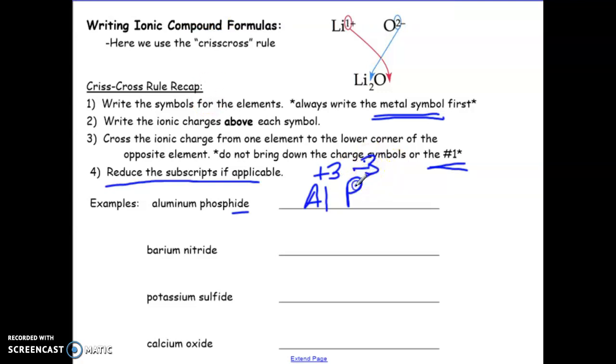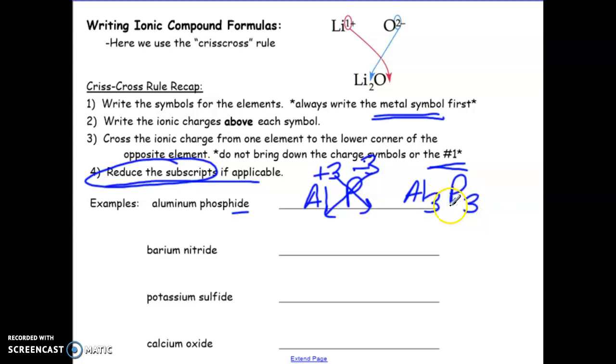Crisscrossing this will essentially bring the 3 from phosphorus down to the aluminum. Remember, we don't write in the negative. And the 3 from aluminum would come down where the phosphorus is. Remember, we do not write in the positive. But this is an example where we are able to reduce the subscripts. So 3 and 3 can both be divided by the same value of 3.